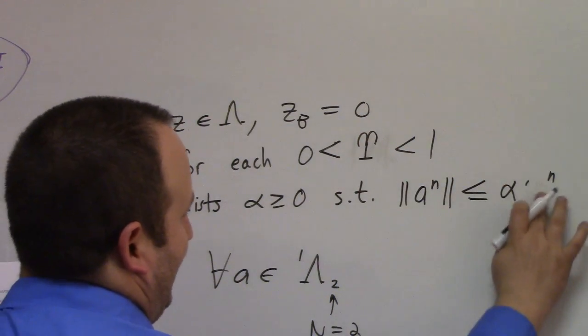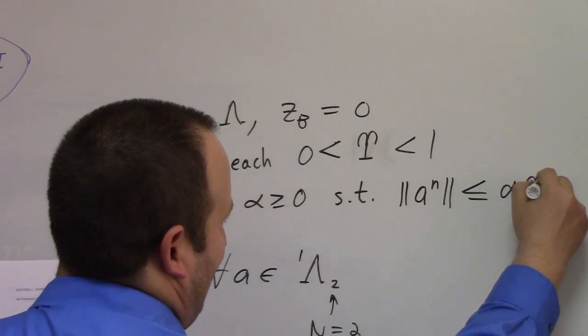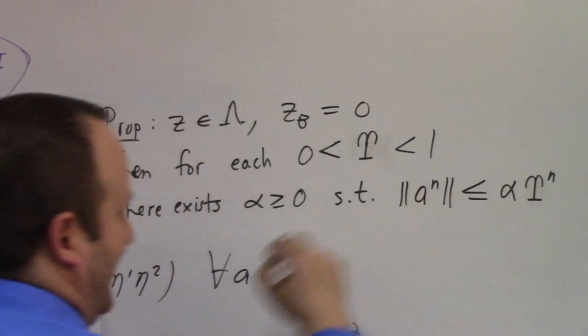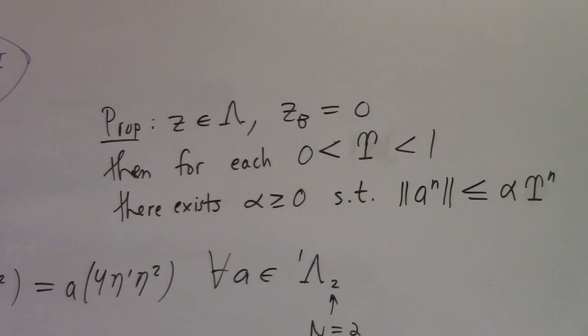So if Z is a supernumber, a bodiless supernumber, so it only has a soul, and you have a real number between 0 and 1, there exists some alpha greater than or equal to 0 such that the norm of the... Where is A?